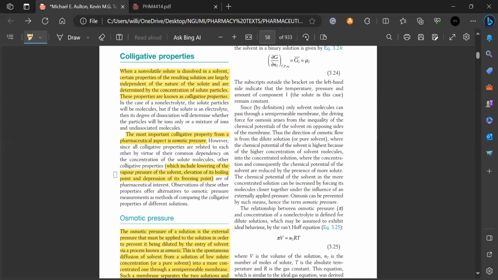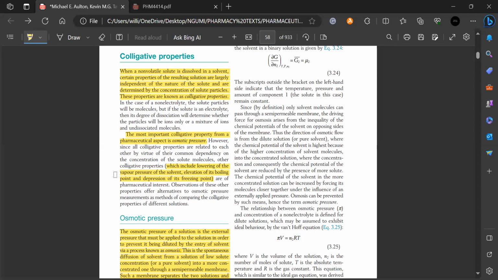In the case of non-electrolytes, the solute particles will be the molecules, but if the solute is an electrolyte, then its degree of dissociation will determine whether the particles will be ions only or a mixture of ions and undissociated molecules. This means that if we have acids and bases, they can either form ions only or a mixture of ions and undissociated molecules.